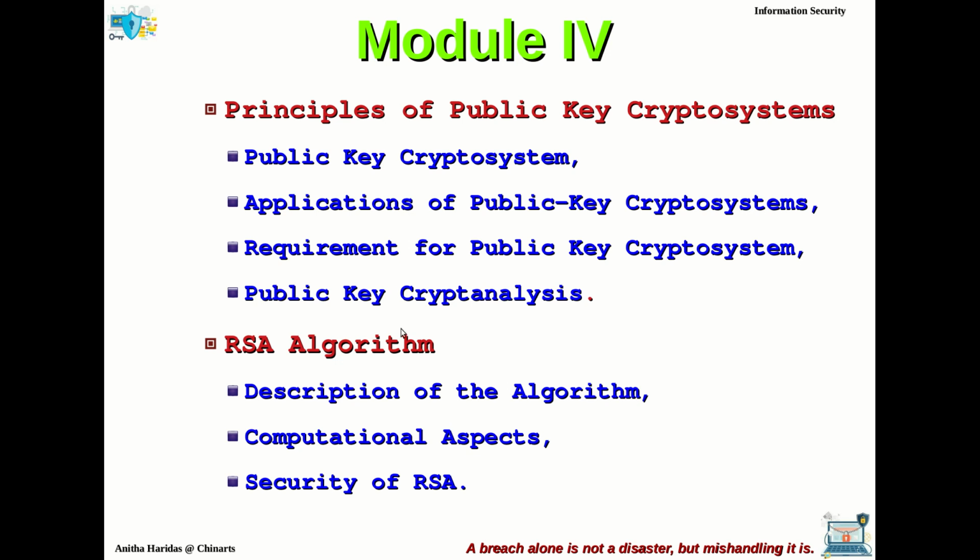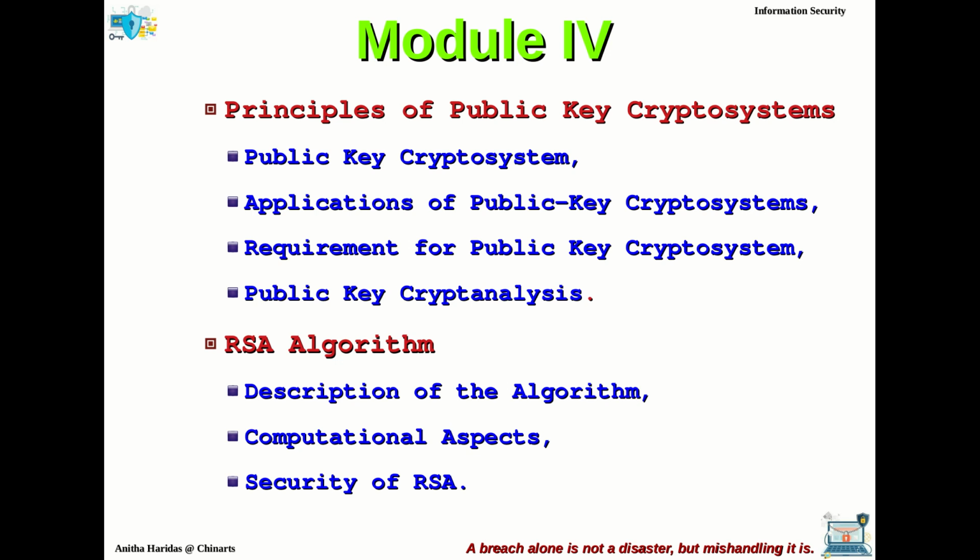Then in the cryptanalysis, the public key crypto system is exposed to the brute force attack if the key size is small. In the same way, even if the message is very small, it is exposed to the brute force attack, right?